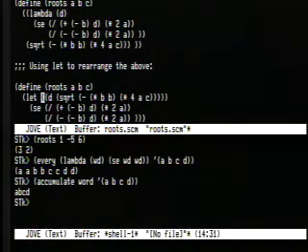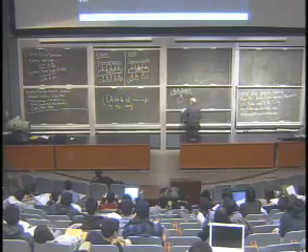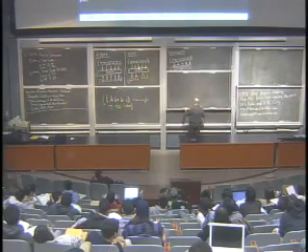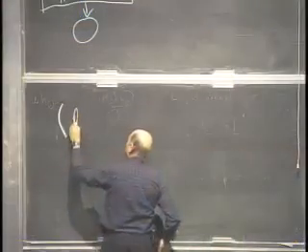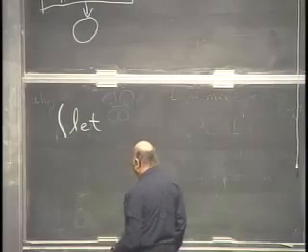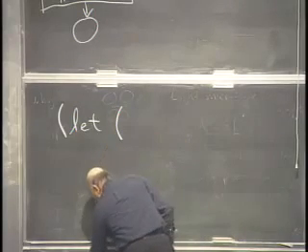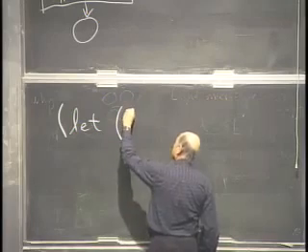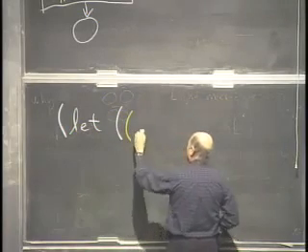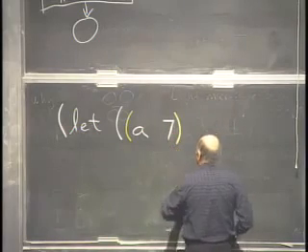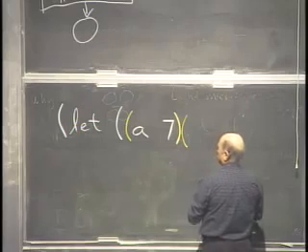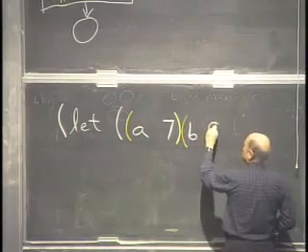In this case, it's only one of them, but let me show you how this example with ABC would look as a let. You would say let, parenthesis, and then inside that there are some sort of special parentheses. Name, value. Name, value.